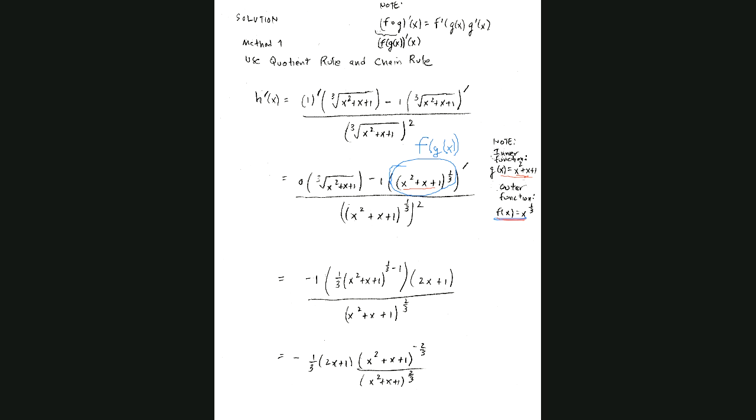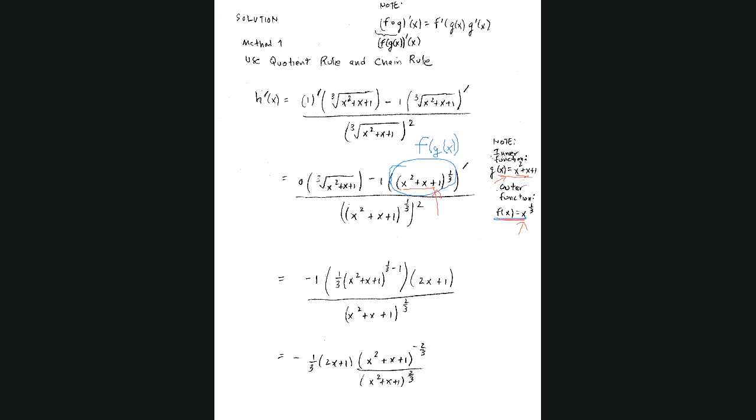So if you define your f of x as x to the third power, and you define your g of x as x squared plus x plus 1, then the function x squared plus x plus 1 raised to the third power is f of g of x.